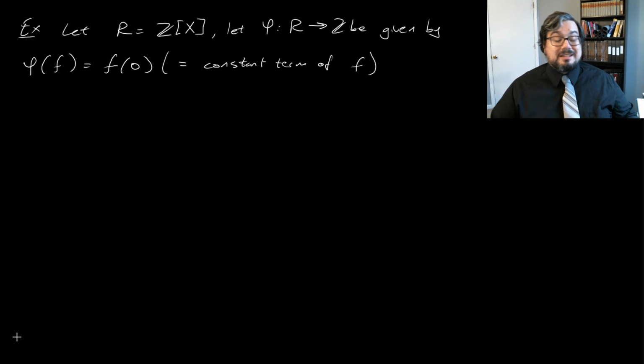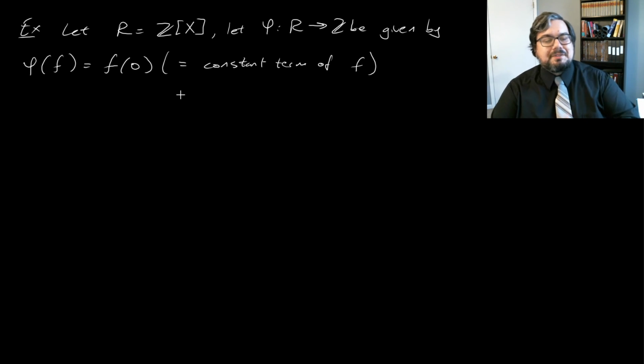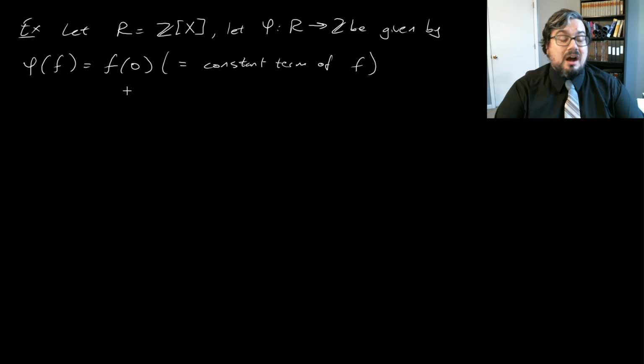So f of 0 means plug 0 in for all the x's, of course, and so f of 0 just gives the constant term of the polynomial f.